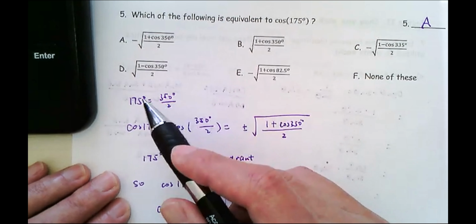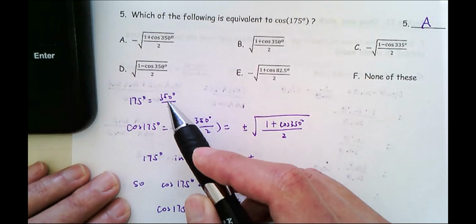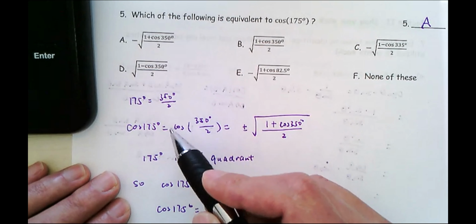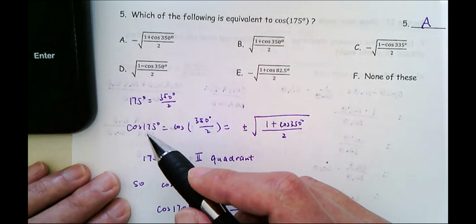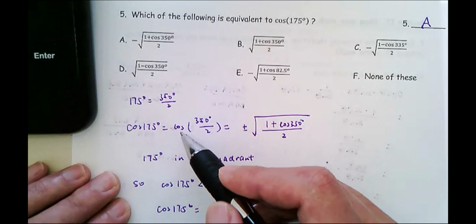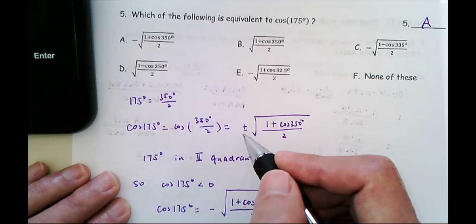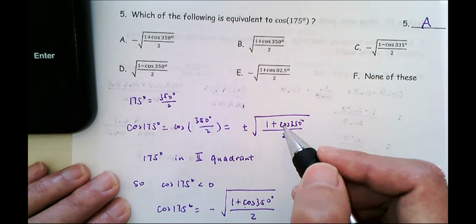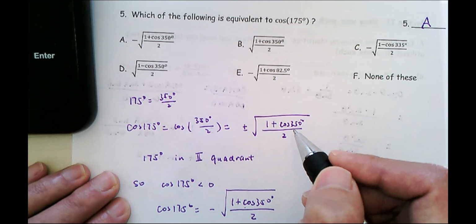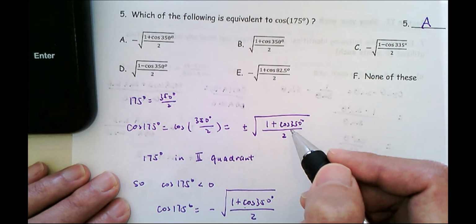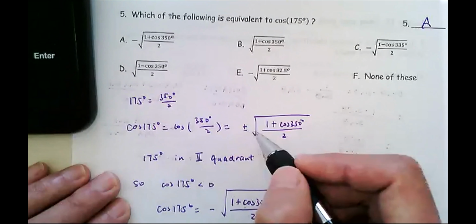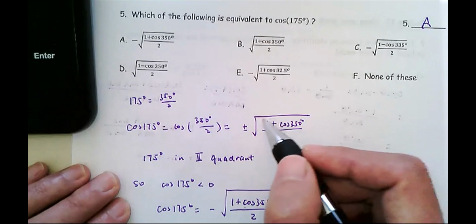So what is cosine 175? It's just half of 350, right? Cosine 175 is cosine of half of 350, which is plus or minus the square root of (1 plus cosine 350) over 2. This is just the half angle formula.